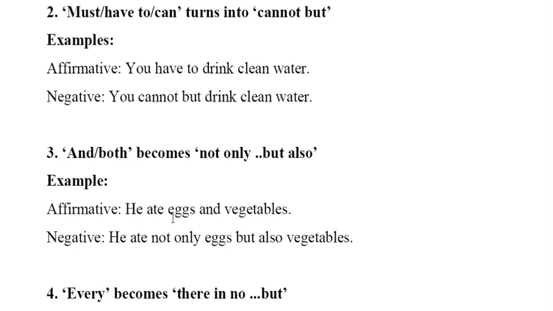Negative will be: he ate not only eggs but also vegetables. So simply and, both will be changed to not only but also. In the same way, if you find not only but also in a negative sentence, for affirmative we'll take and or both.